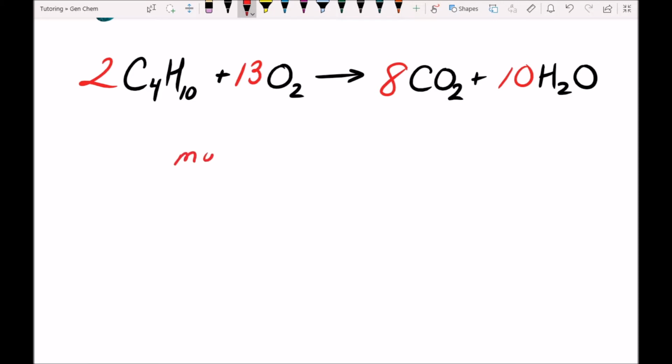These coefficients can represent molecules. That could be 2 butane molecules and 13 oxygen molecules. Or, like I was saying earlier, they could represent moles of a substance. So this could be producing 8 moles of CO2 or 8 molecules of CO2, 10 moles of water or 10 molecules of water.